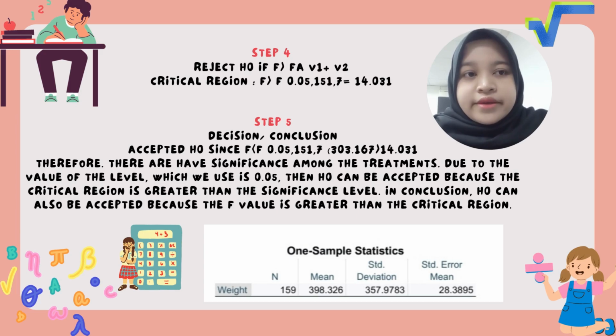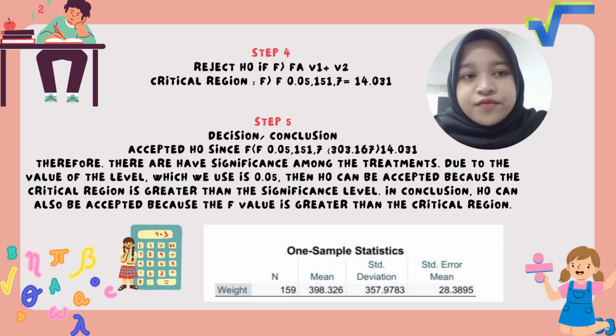And step 5 is decision or conclusion. Accepted H0 if F is not more than F 0.05. We got 1.15117, 303.167, and then we got 14.031.